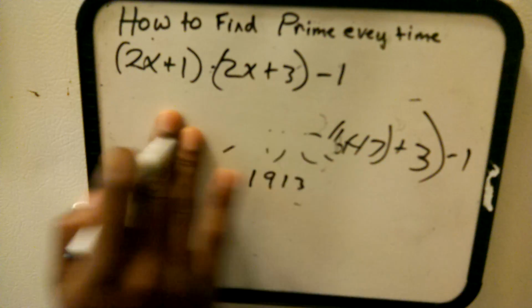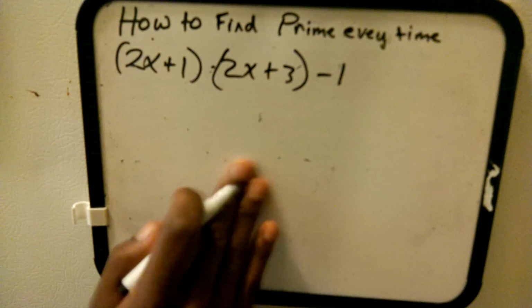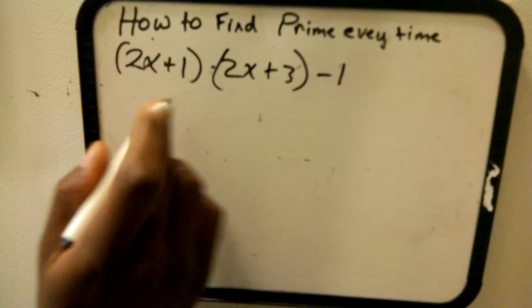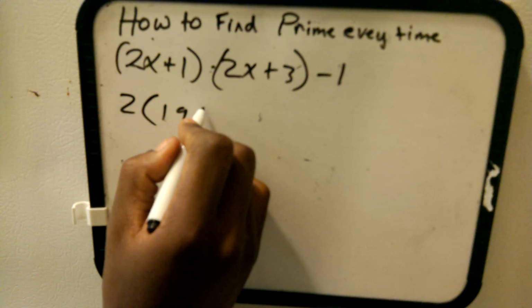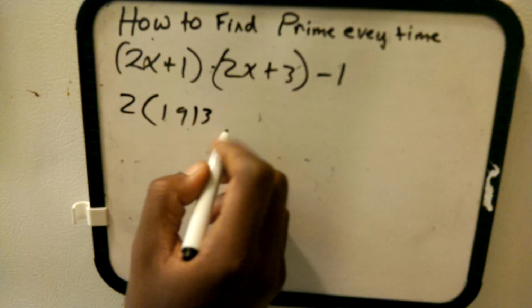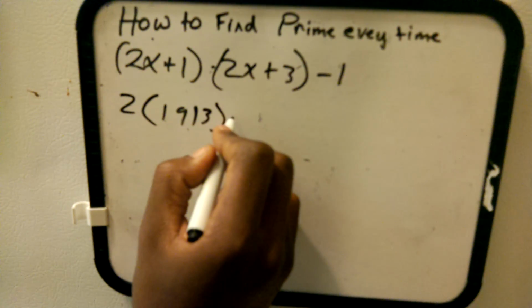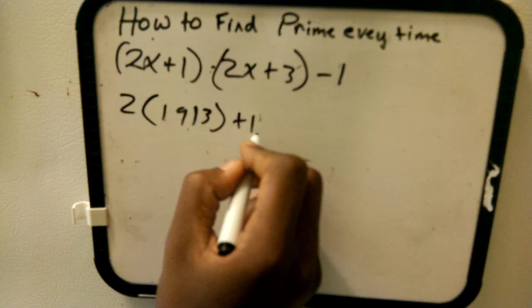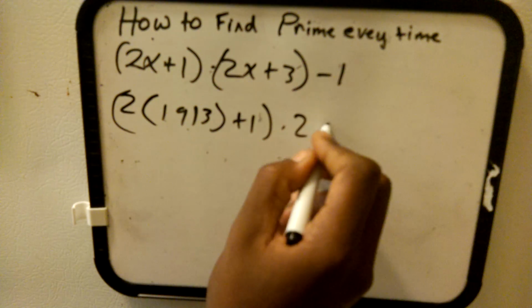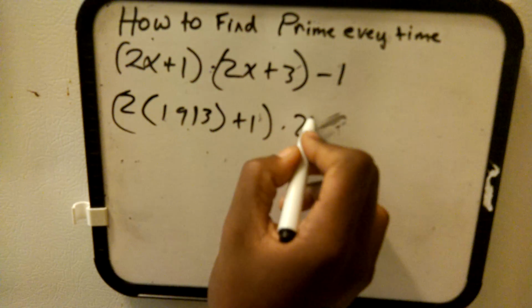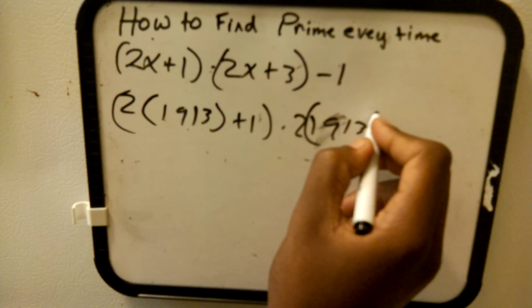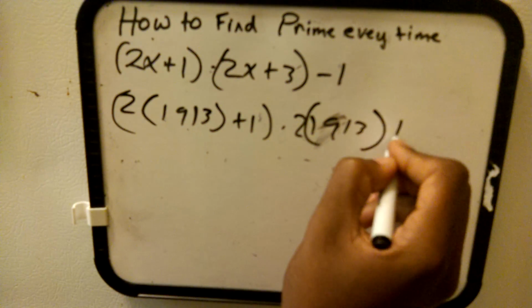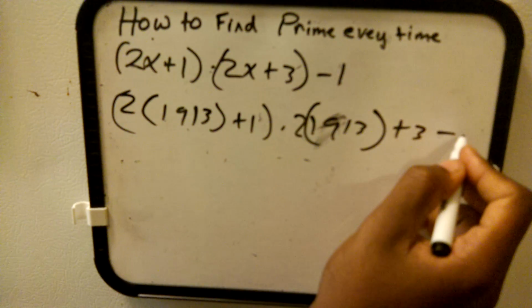You take that number, stick it up here. 2 times 193 plus 1 times 2 times 193 plus 3, minus 1.